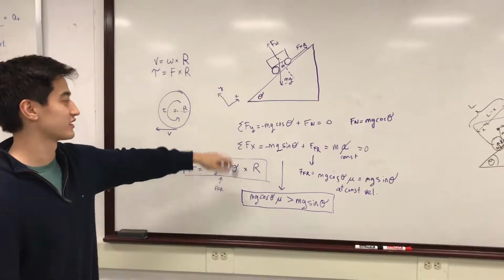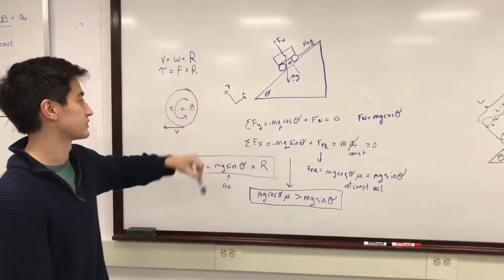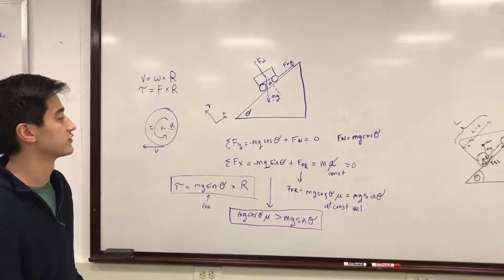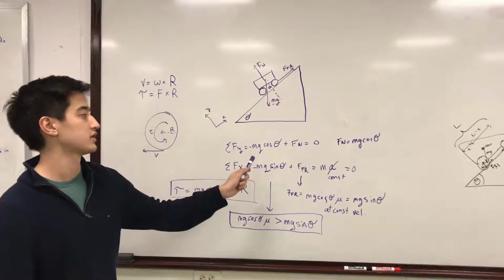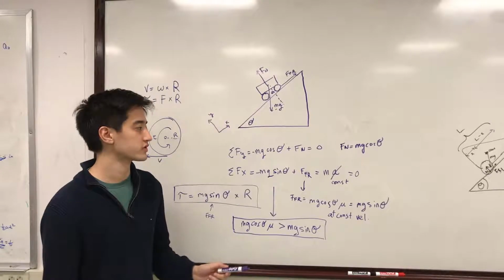We do a simple F equals ma in the x and y components, which we tilted for this case, and you find that the component of the force of gravity in the y direction is going to equal the normal force.